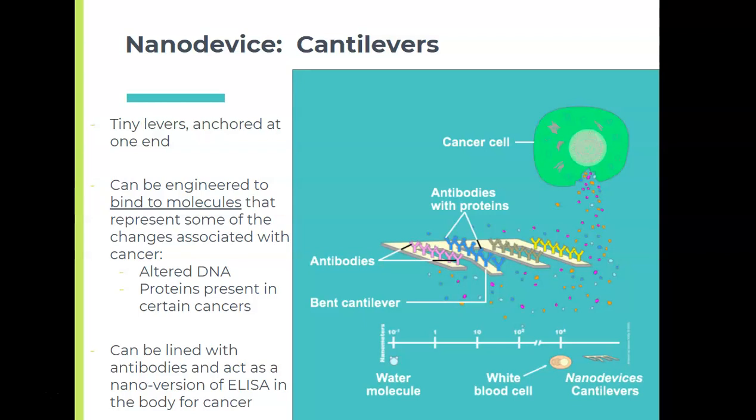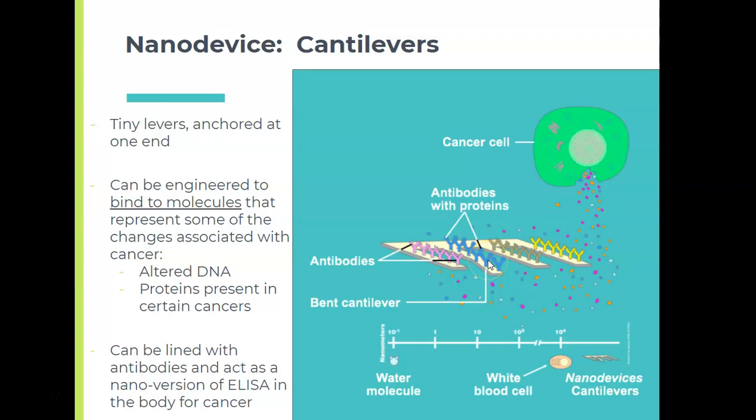So whether it's looking for altered DNA, or maybe it's an antibody to a specific protein that only the cancer cells would produce, then really what happens is the cancer cell would produce the protein or whatever agent is going to react and attach itself to the appropriate lever arm.